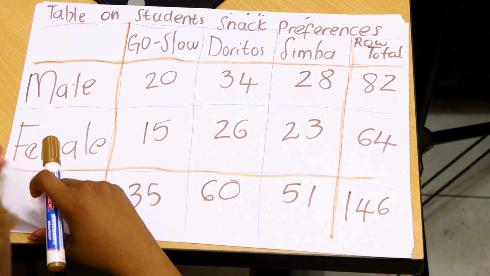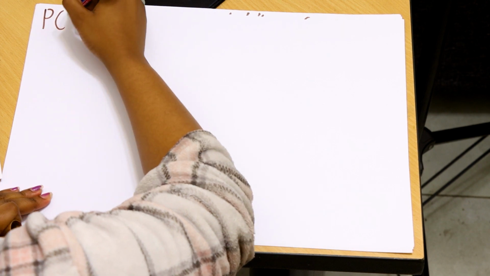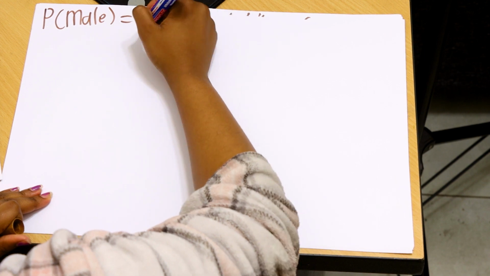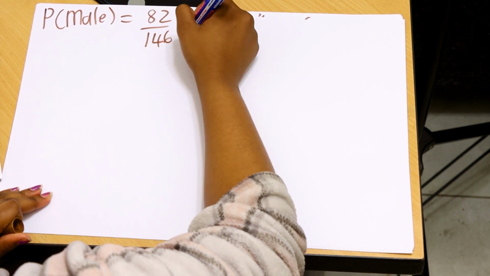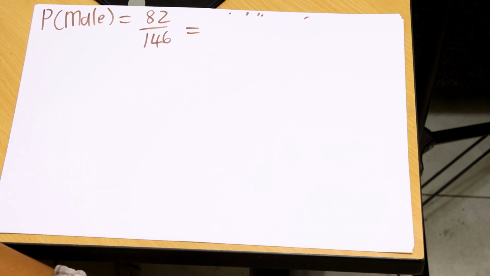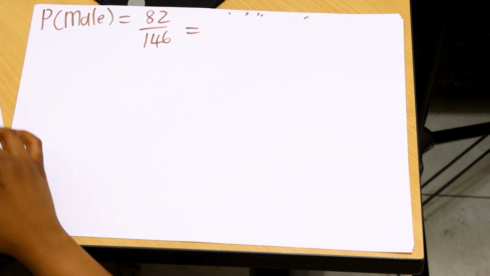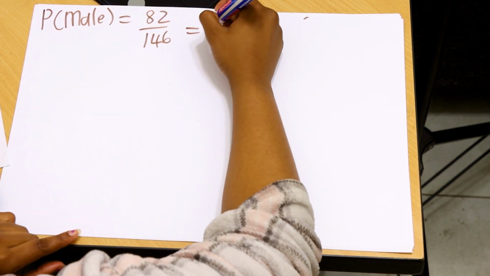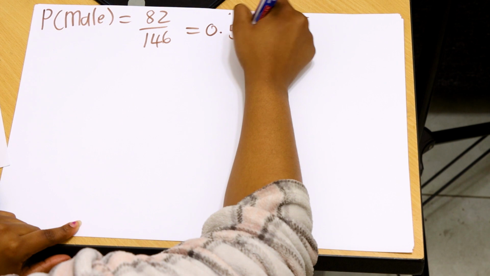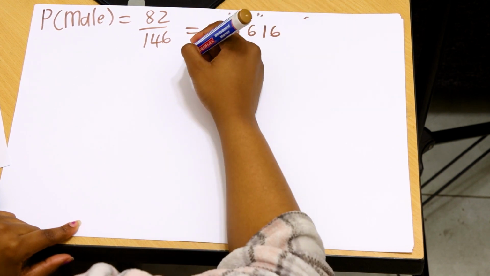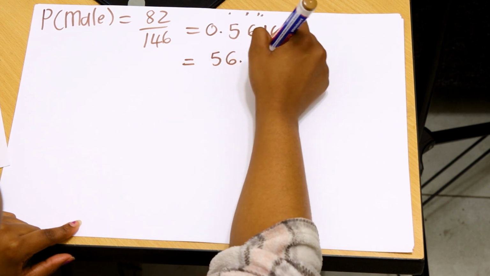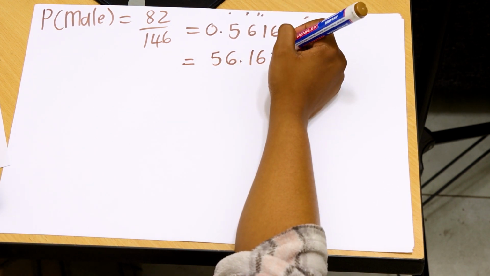So the probability for finding a candidate who is male would be 82 over 146. Please round off to 4 decimal places for probability. 82 over 146 is 0.5616, which when you interpret it as a percentage is 56.16% when you multiply the probability by 100.